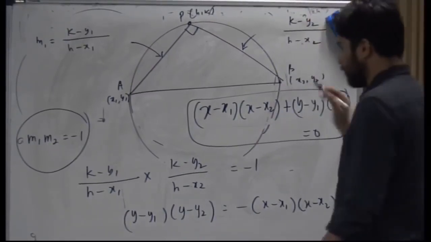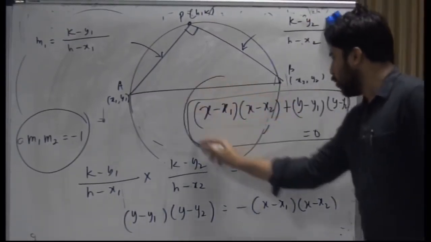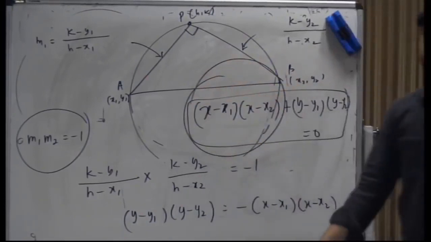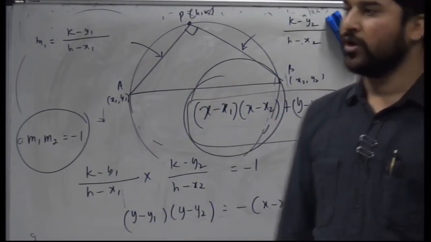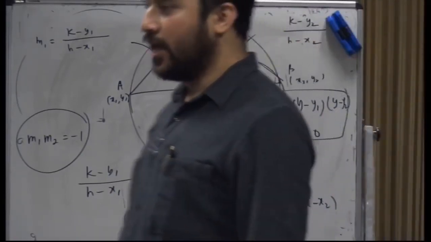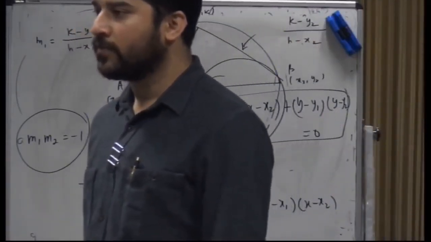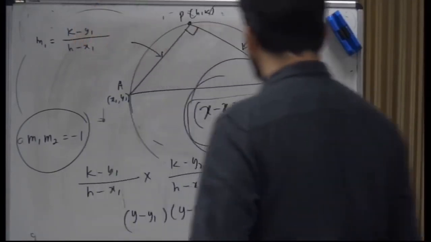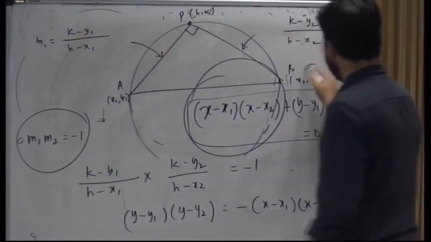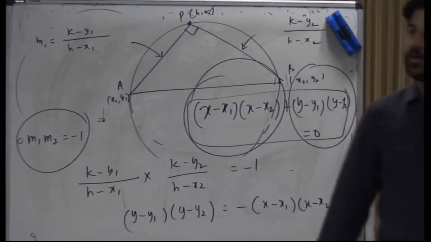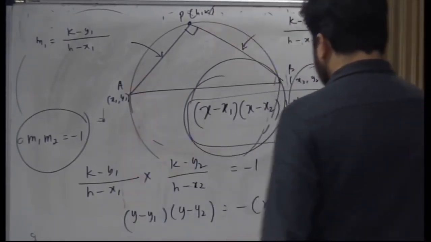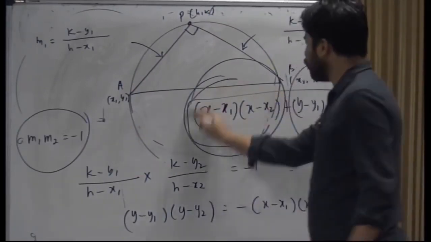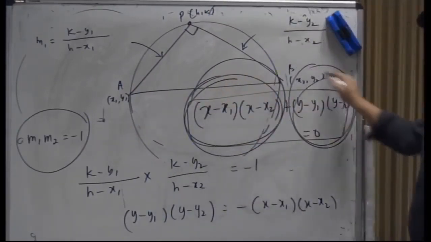Now tell me, observe here, what is it? Alone, what equation is it? It's a quadratic equation in x, and the roots are x1 and x2, and what is this? A quadratic equation in y, whose roots are? So in diametric form, you always get two quadratic equations, one in x and one in y.